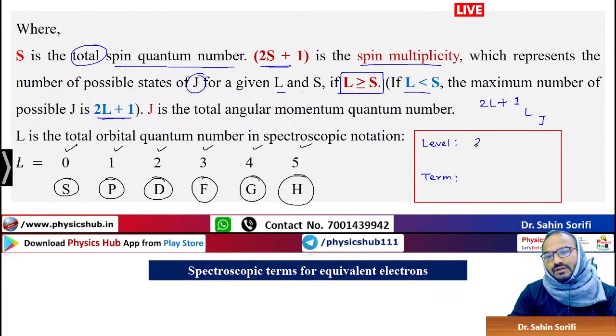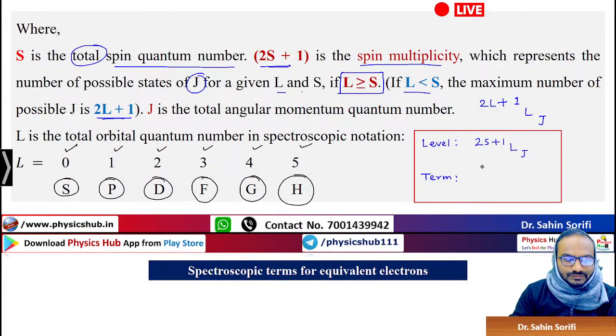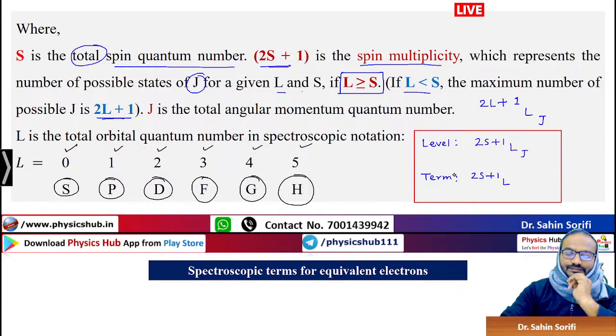When you talk about a level, we write it this way, 2S plus 1, L, J. And when we write a term, we do not mention the J value. We write only 2S plus 1, L. This is the basic difference between level and term. A level has a particular J value. A term is a combination of J values. So the J value is not mentioned in the case of a term.